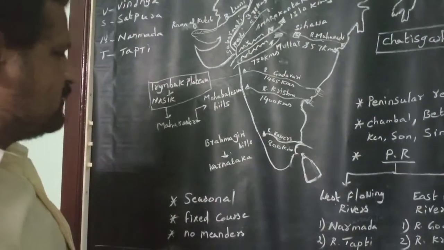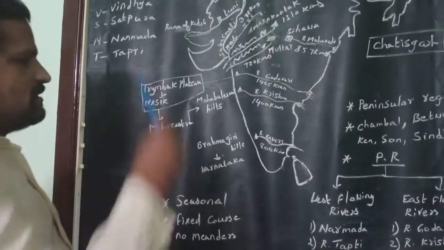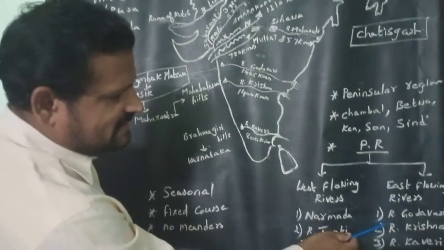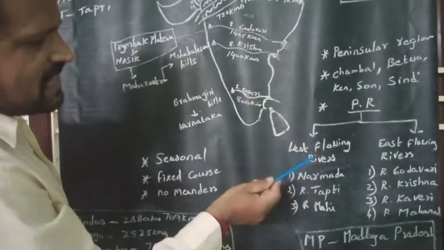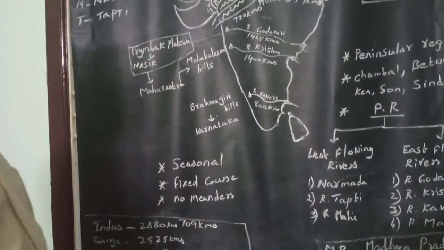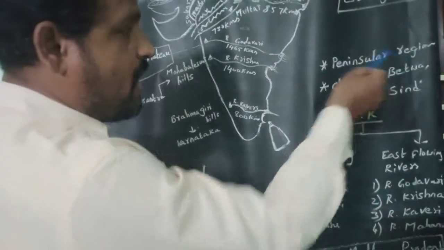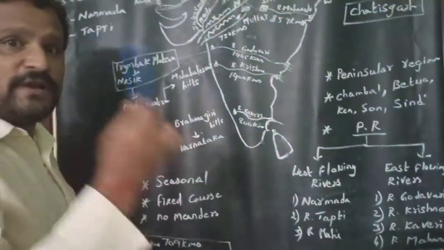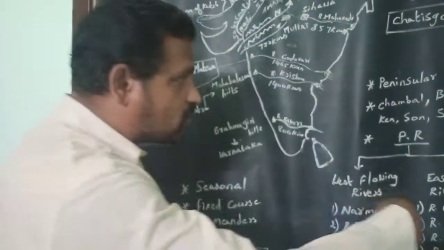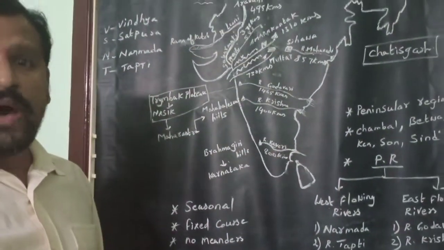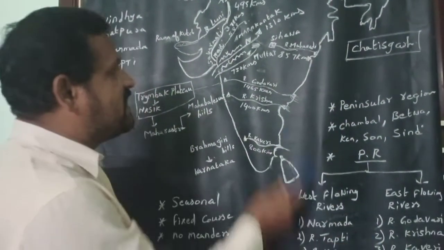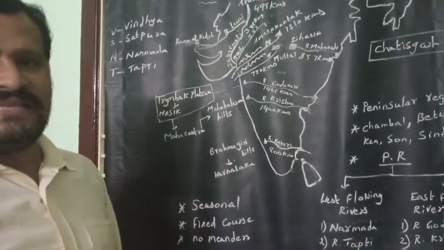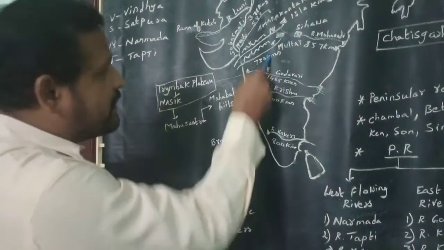Okay children. Godavari, Krishna, Kaveri, Mahanadi, Narmada, Tapati and Mahi are called peninsular rivers, and even Chambal, Betwa, Ken, San and Sindh are called peninsular rivers. Why? As these rivers originate in the peninsular region.